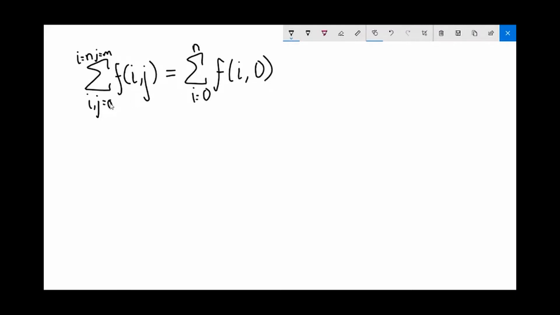And then we need to set our j equals 1. So this whole process is to make sure that we have every possible combination of i and j. So next, if we set our j equal to 1, and again run i from 0 to n, that would be the sum between i equals 0 and n of f(i, 1).